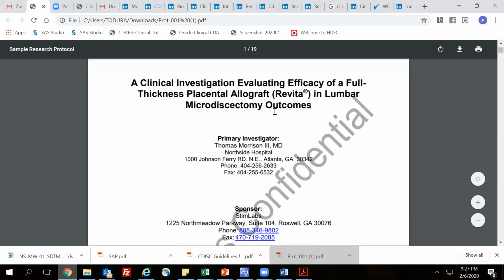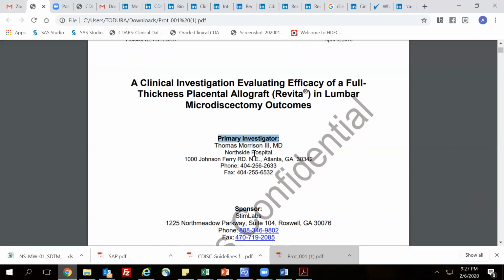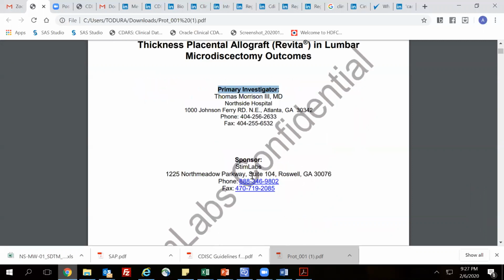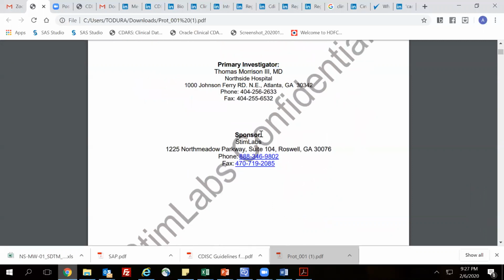This is the title of the protocol. The primary investigator, or principal investigator, is a doctor, and this is his name. This is the site; site is nothing but a hospital, that's what we use in clinical terms. Then this is his address and phone number. So this is a protocol. Now, the sponsor. Who is a sponsor?